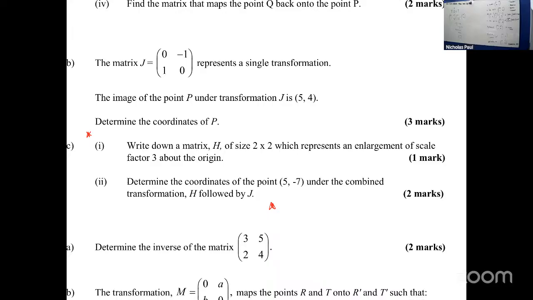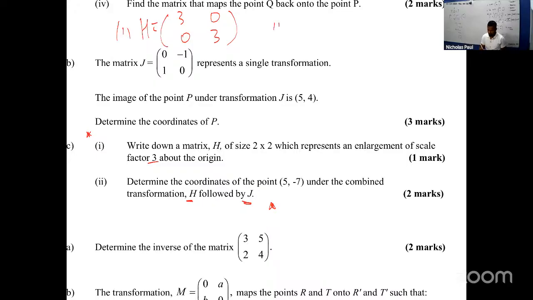The last two. Part C, part one is 3003, because the scale factor is 3. And then you want to multiply by H followed by G.